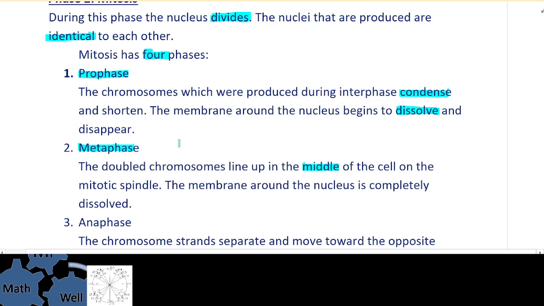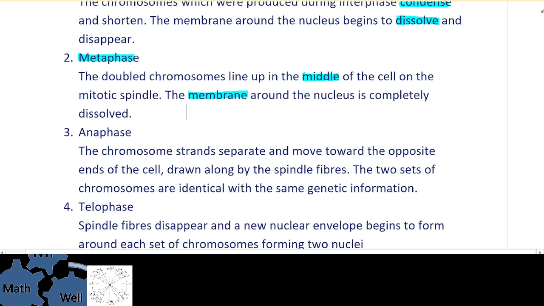These are like little spindle fibers, almost like rods or threads that hang on to the chromosomes. The membrane around the nucleus is now completely dissolved. So this is when the chromosomes gather and line up right in the middle of the cell. So the nucleus is ready to divide here now.